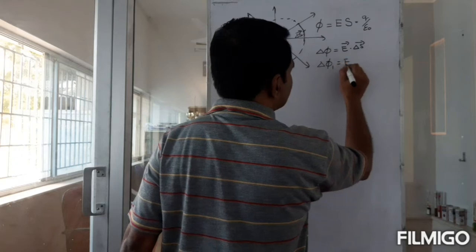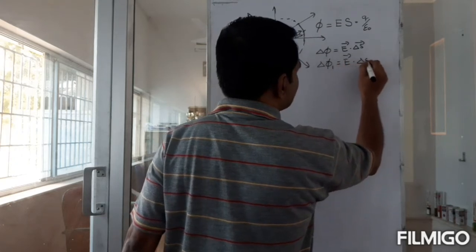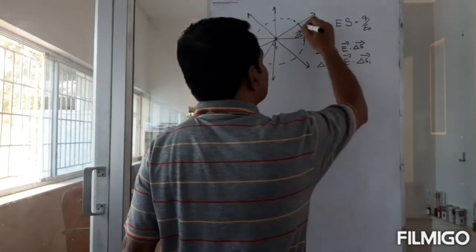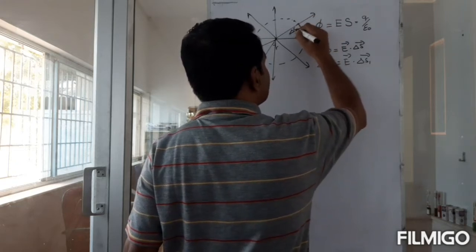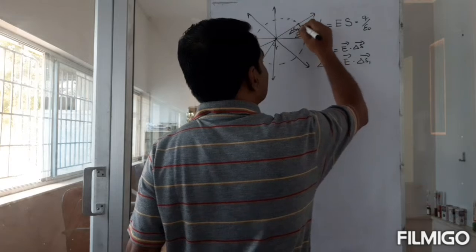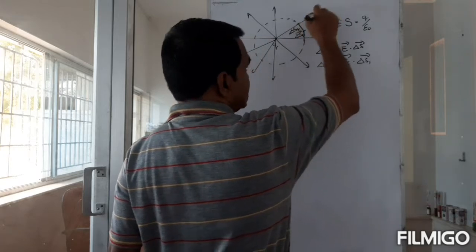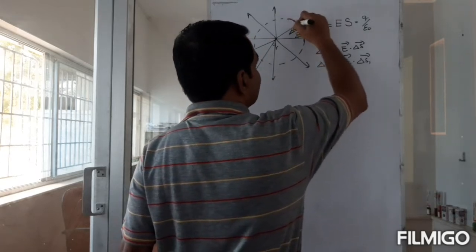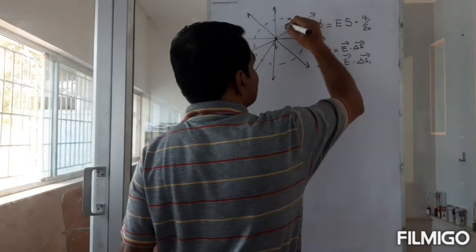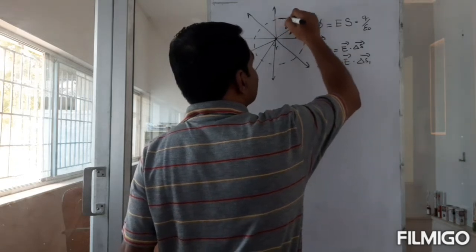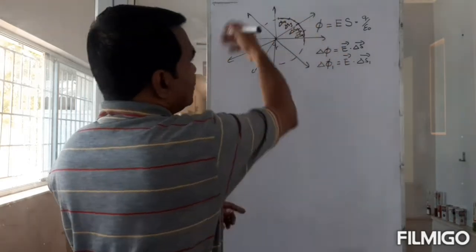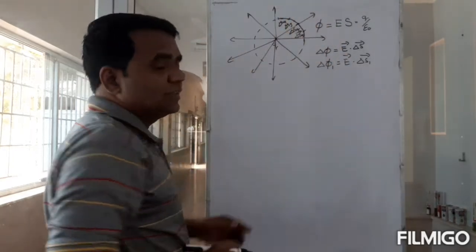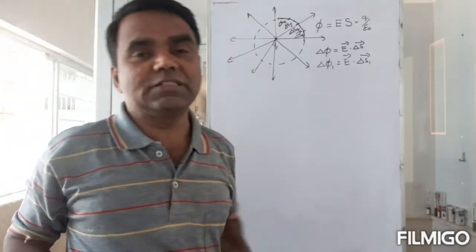Then this is equal to E dot delta S1, and I will take another, delta S2, and then there will be some flux which will come out of this surface, and some other flux which will come out of this surface, which is delta S3, and then another surface here, delta S4, something like that, right? You have many different small surfaces.